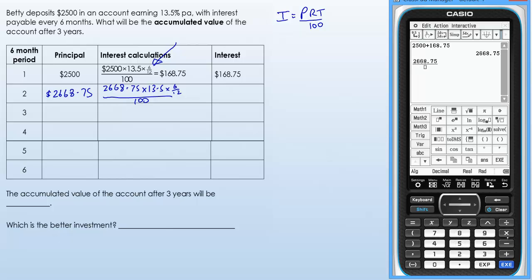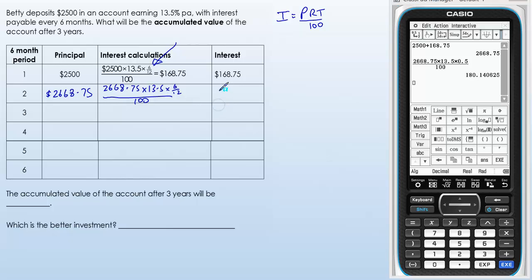I'll just put 6/12 in as 0.5 over 100, and that gives us 180.14.